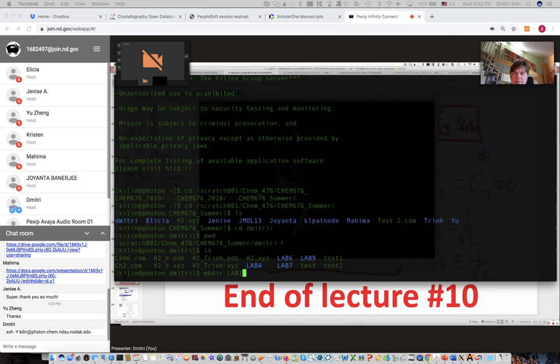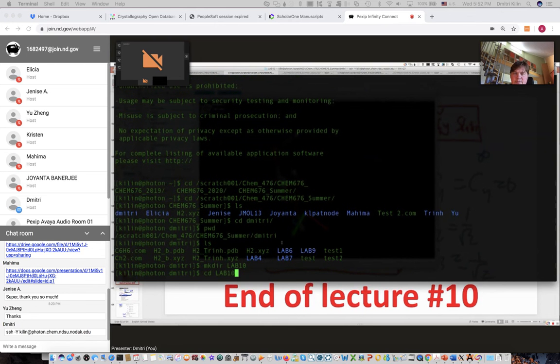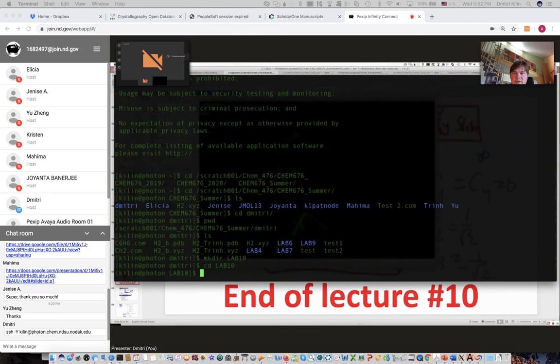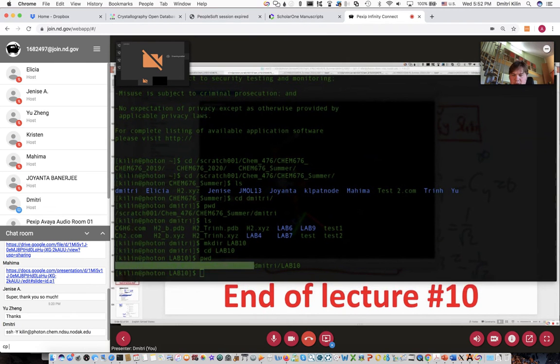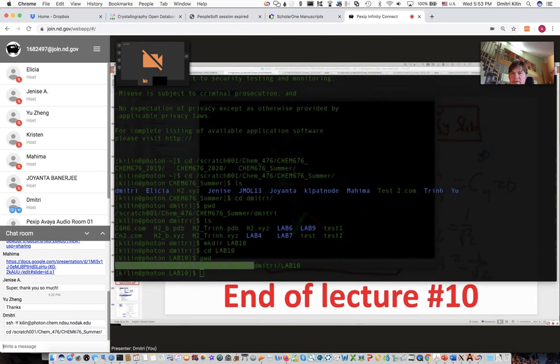So I'm opening the make directory 10, cd 10, pwd. Just in case, let me cd, space, and then the path to the directory for the class. I typed it into the chat line.